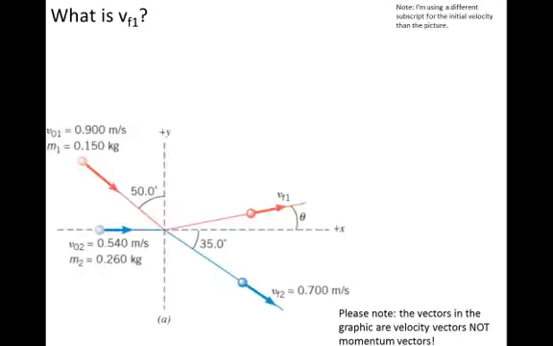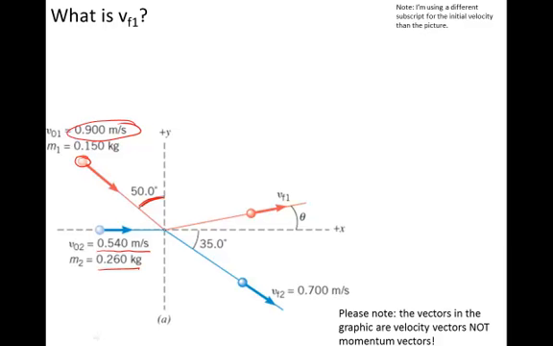In this example, we have a 0.150 kilogram object at 50 degrees relative to the vertical, moving 0.900 meters per second, colliding with this other blue object that's moving horizontally only at 0.540 meters per second, and its mass is 0.20 kilograms.